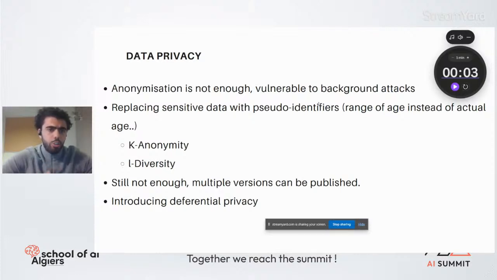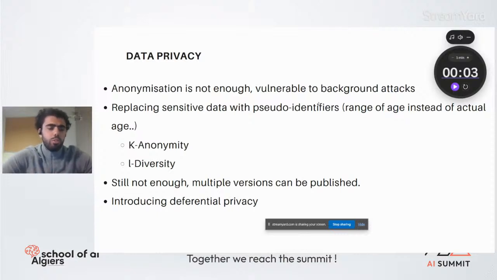So if the healthcare institution publishes a version this month and then publishes another version 3 months later, and a certain curious attacker has the two versions of this data, then he can compare them, and he can make conclusions about the individuals that were introduced between these two publications, even if they are grouped.